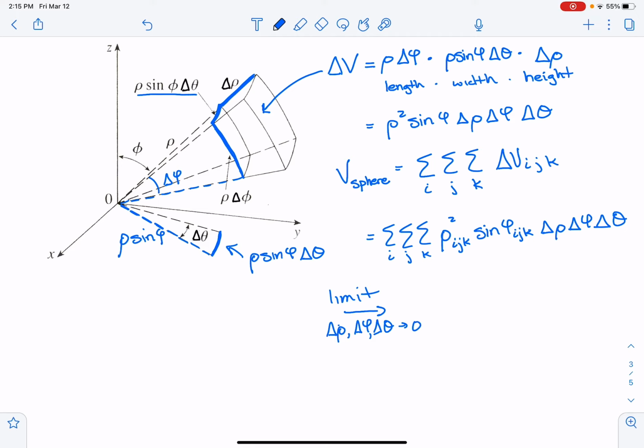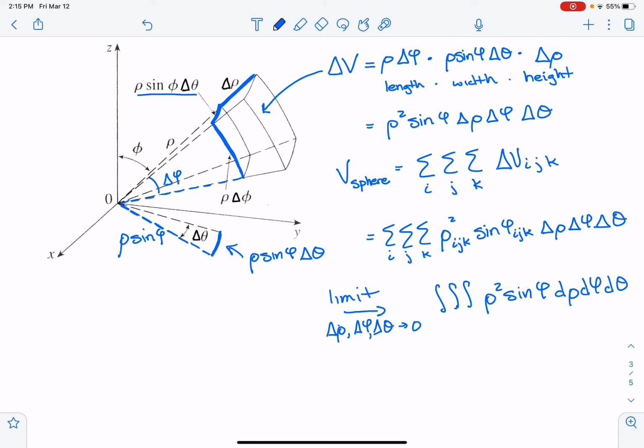And so what that will leave us with is a triple integral of rho squared sine phi, and then that's going to be d rho d phi d theta.